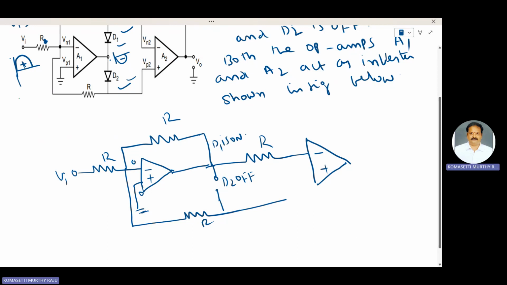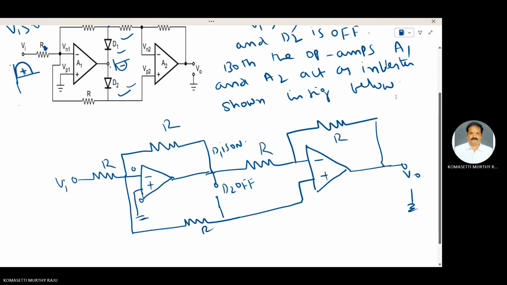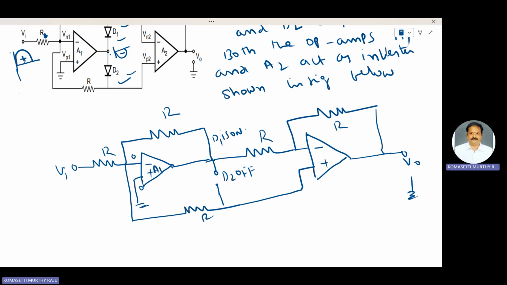Minus, plus. R. This one is V naught like that. D2 is off. This one is A1. This one is VN1, VP1. Here VP2, VN2.